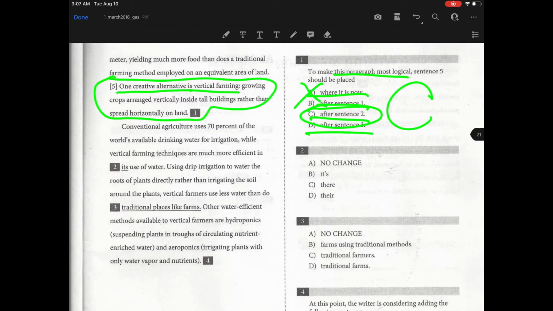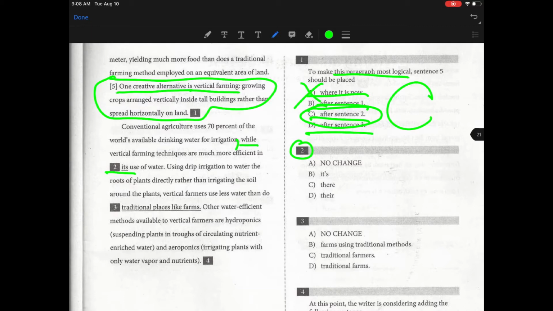So we're going to question 2. What do we have in there? Okay, so we need to read the context in order to answer this question. Question 2. While vertical farming, I'm going to leave this clause out. I'm starting to read from this clause. While vertical farming techniques are much more efficient in its. So what is the subject in this sentence?